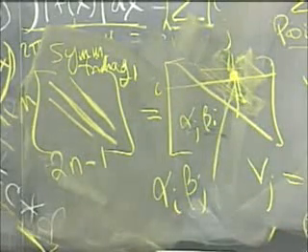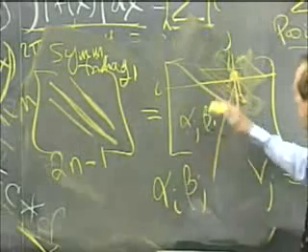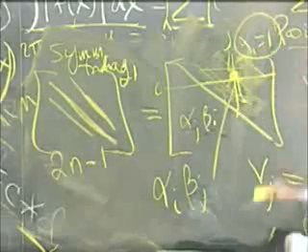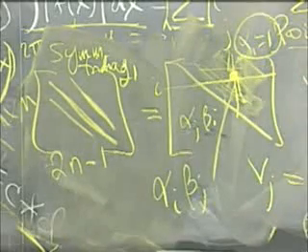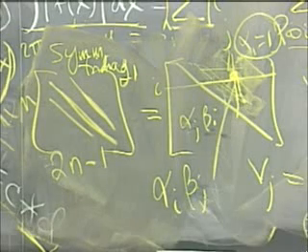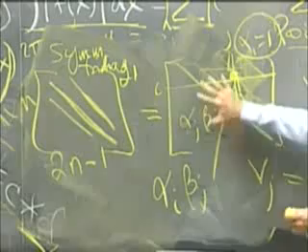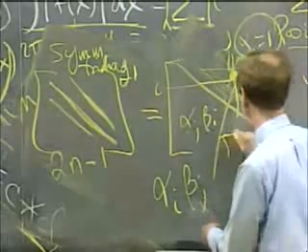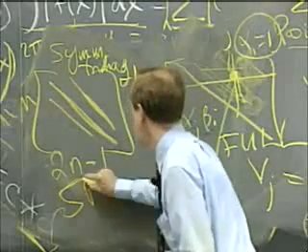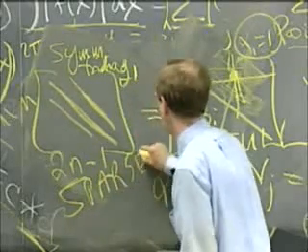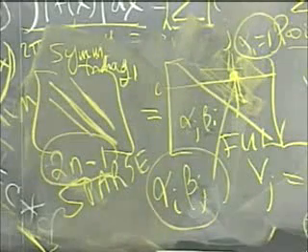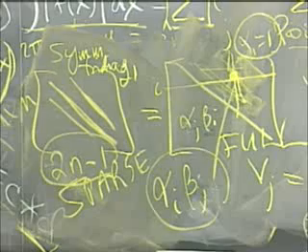Same, because since these are products, I could normalize alpha 1 to be 1, and that would determine all the others, and there'd be 2n minus 1 of them. It would agree with the number of parameters. Of course, this is a full matrix, and this is sparse. But the 2n minus 1 parameters are there in both, so you know you're on the right track.